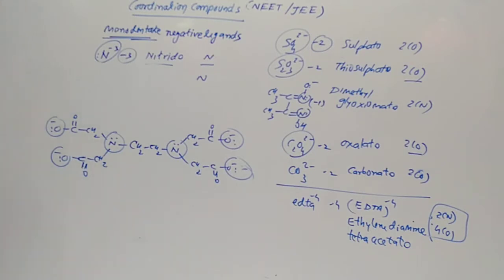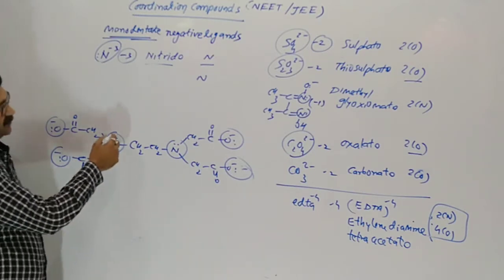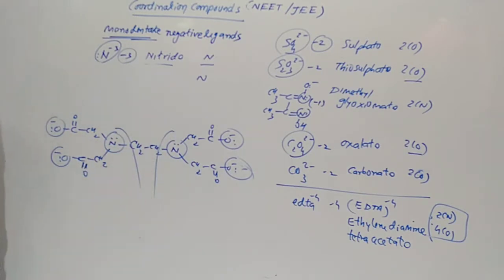So at a time it gives 6 electron pairs to the metal and forms 6 coordinate covalent bonds. So it is a hexadentate negative ligand, but the charge is -4 here. You can see.